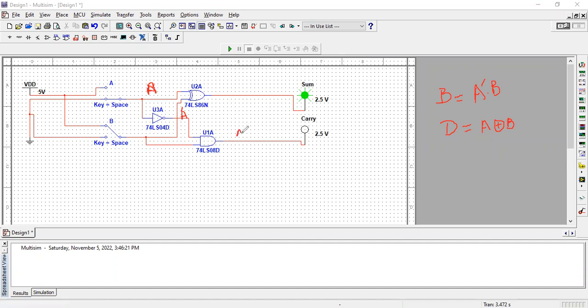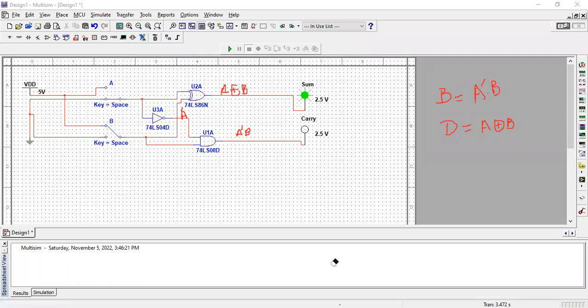Now this output is A complement dot B, and this output is A exclusive OR B. So you can see that I just performed a basic operation and modification over here. Let me try to erase this.